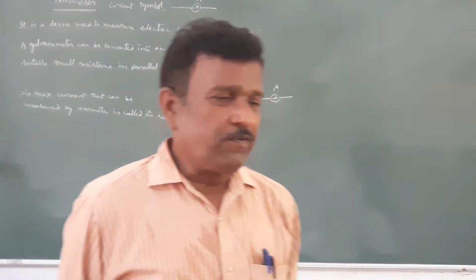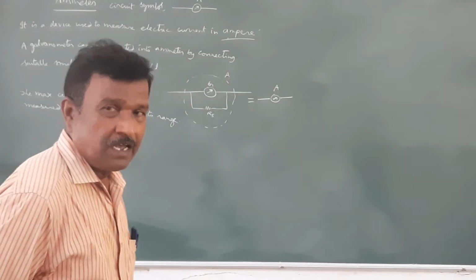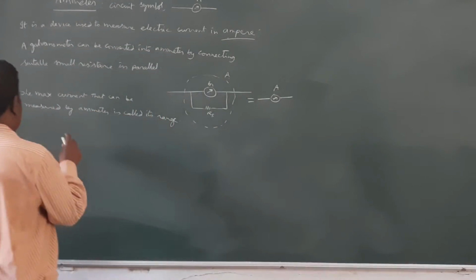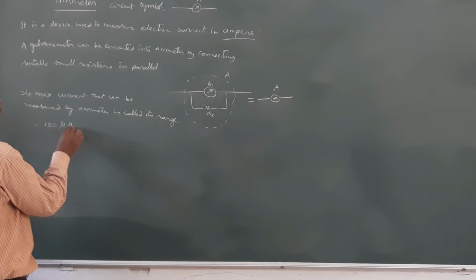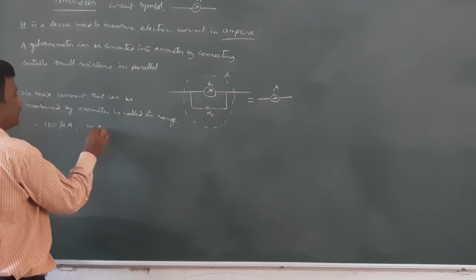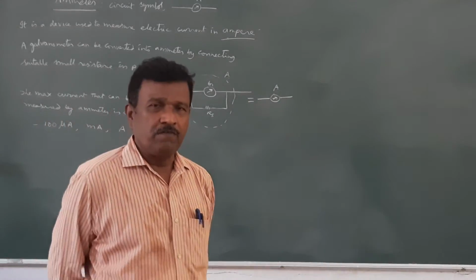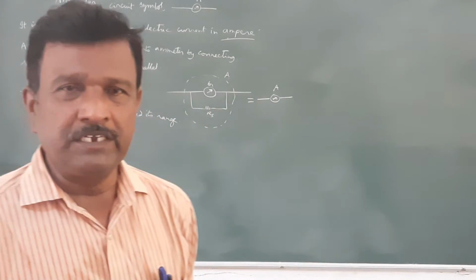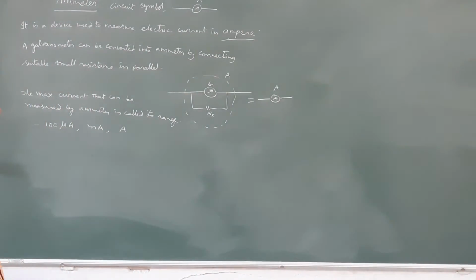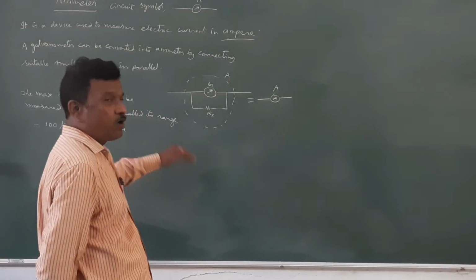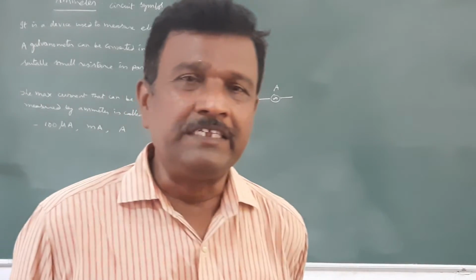You can have different ammeters with different ranges. Some ammeters may be, say, 100 microamperes, milliamperes, even amperes. You can have different ranges of ammeters, depending on the current which we are going to measure.